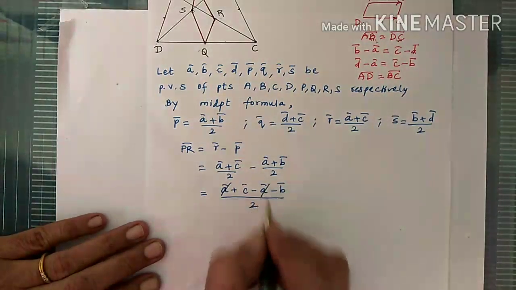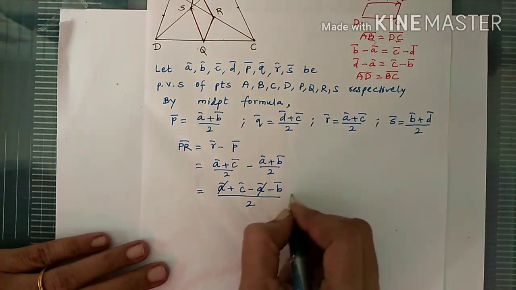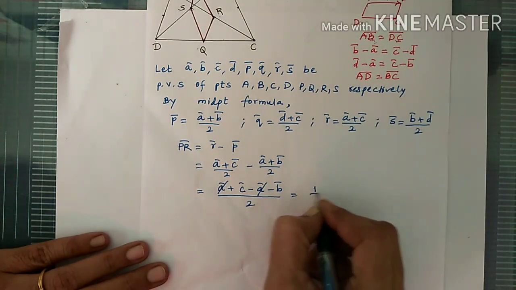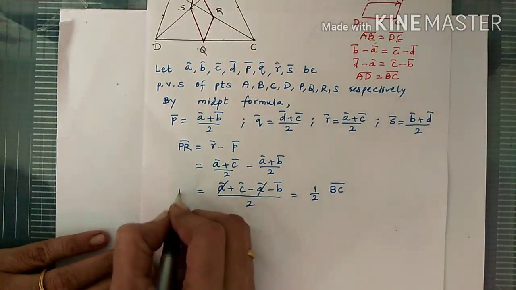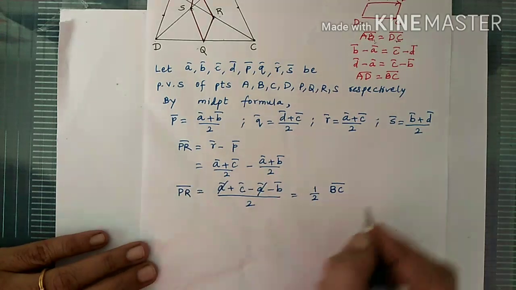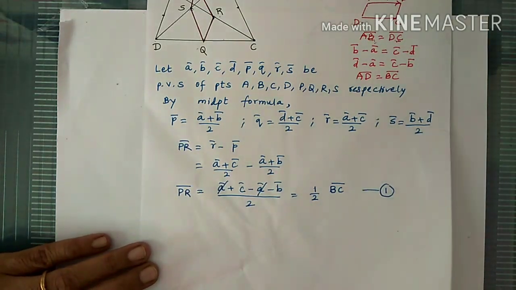So this A bar minus A bar gets cancelled and we have C bar minus B bar, that means it is BC bar upon 2. So we can write this as 1 by 2 into BC bar. So simplifying PR bar, we get half BC bar. So let this be equation 1.